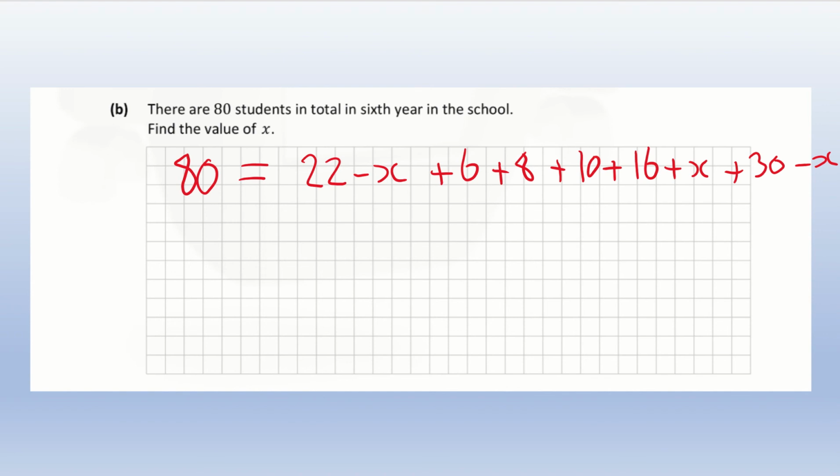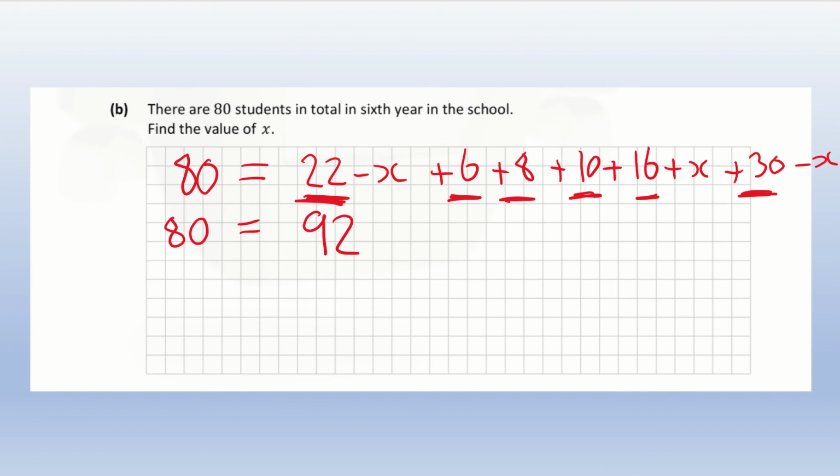So your job now is to tidy all that up. On your left hand side, you've got 80. On your right hand side, you've got 22, you've got 6, you've got 8, you've got 10, you've got 16, you've got 30. If you add all those up together, you are going to get 92.